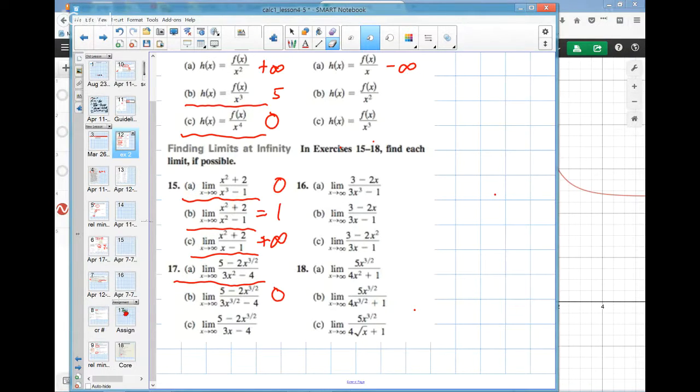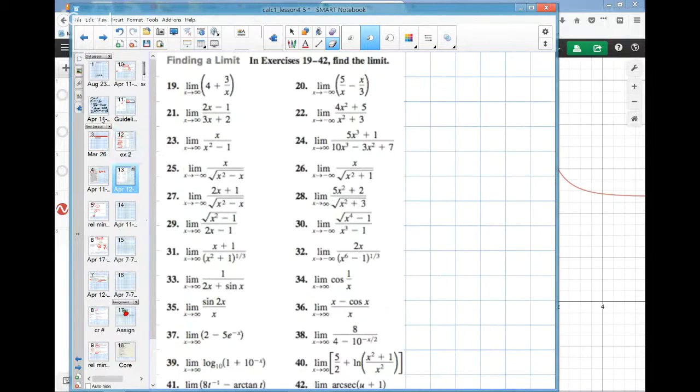How about part C? Which power is bigger? On top, we have a 3/2. On the bottom, we have a 1. 3/2 is bigger. Therefore, the top wins, but because the top is negative, it goes to negative infinity. Hopefully that's making sense.